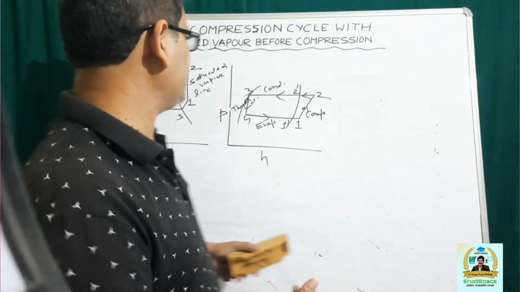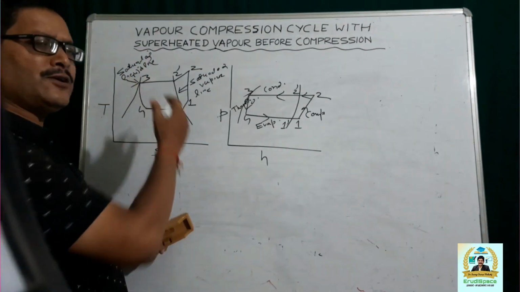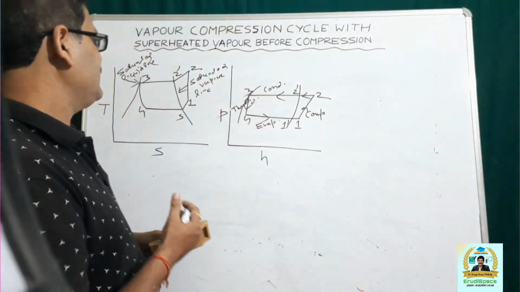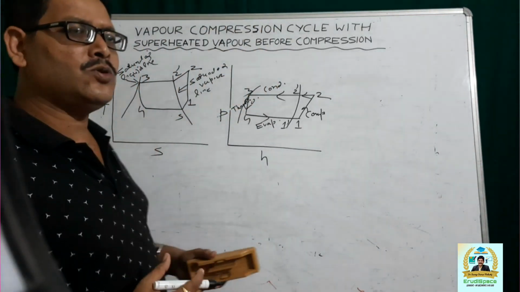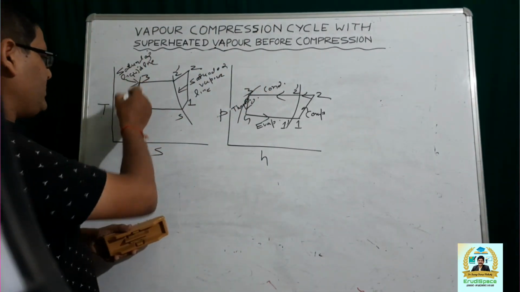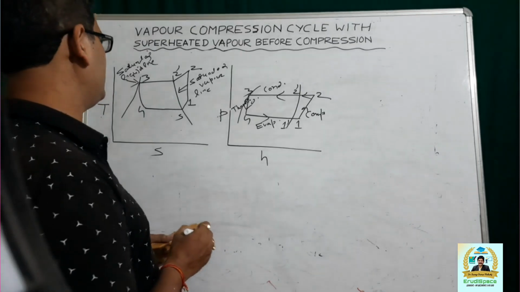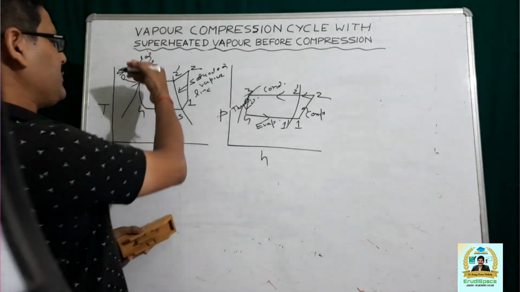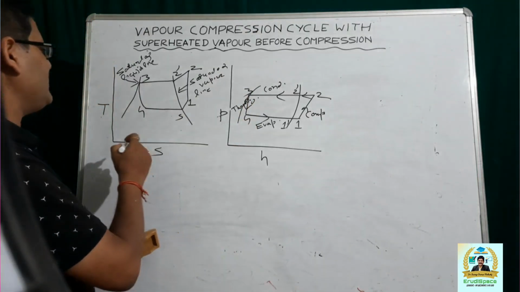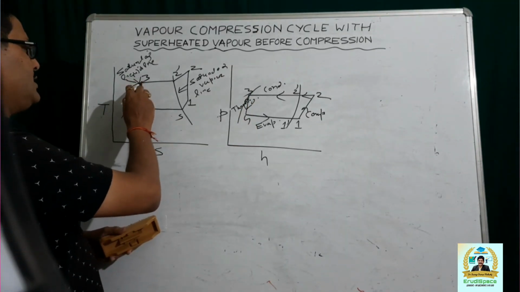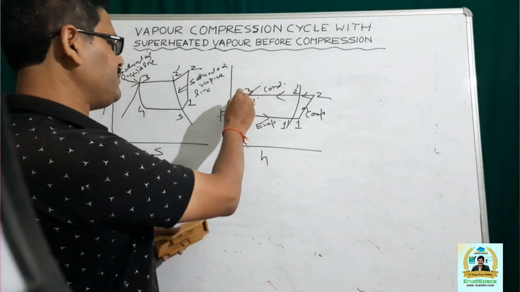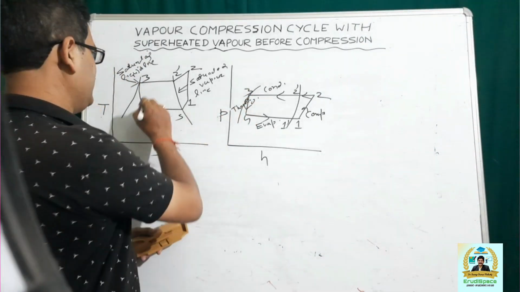After that, the refrigerant is taken to the refrigerant control valve or your throttle valve, and there it undergoes unrestrained expansion. And from the figure itself you can make out that after passing through the refrigerant control valve or your throttle valve, the temperature drops from T3 to T4 and pressure also drops from P3 to P4.